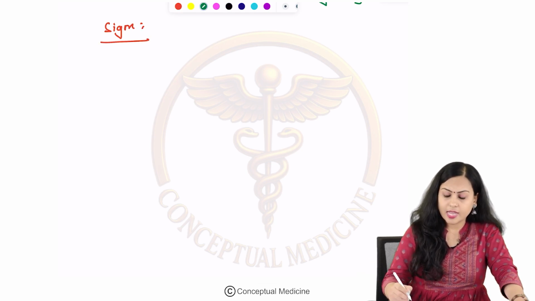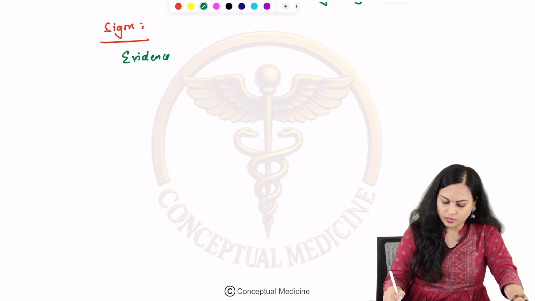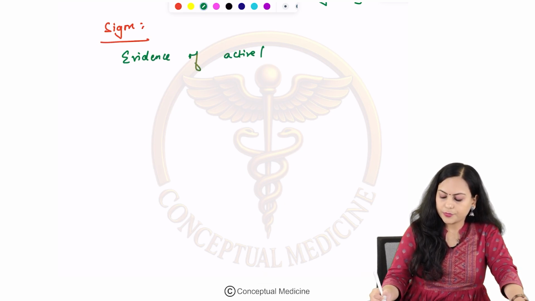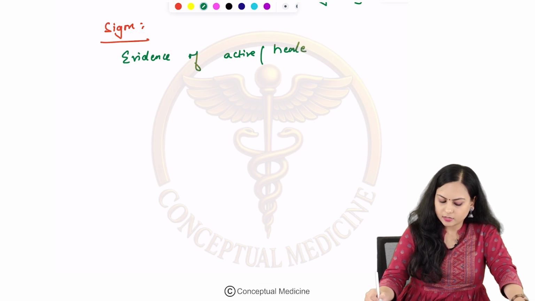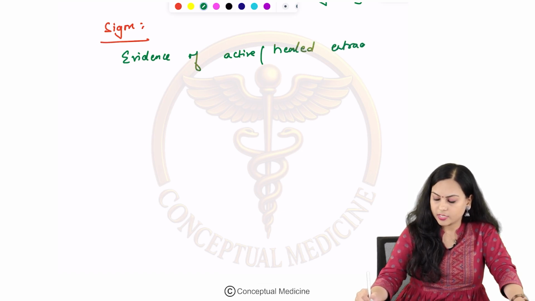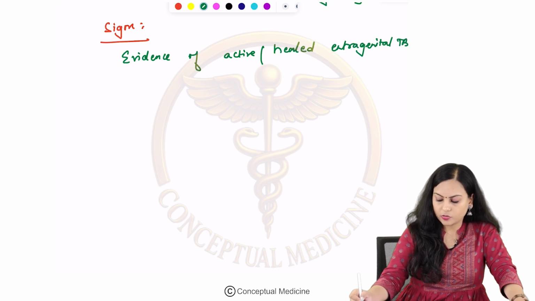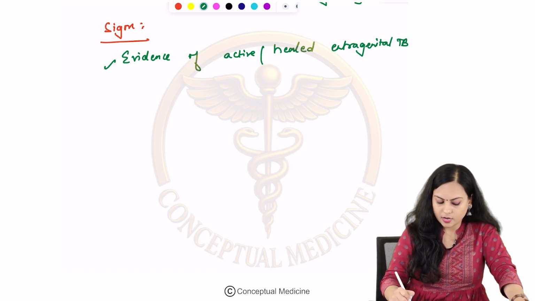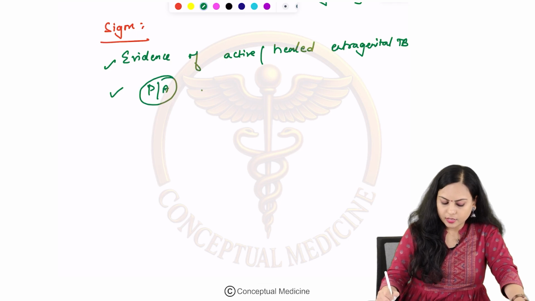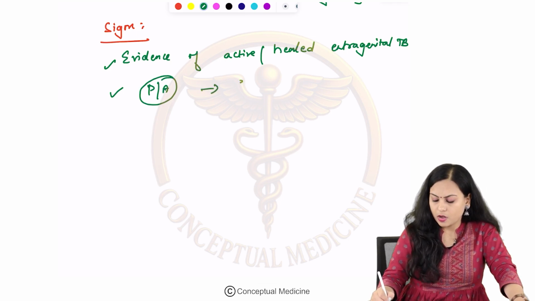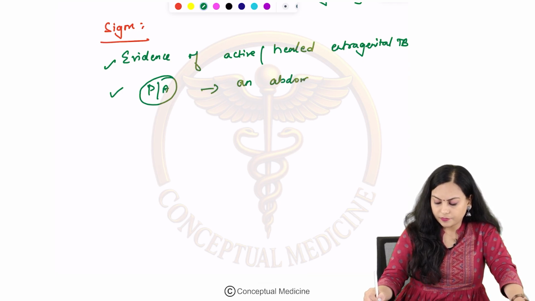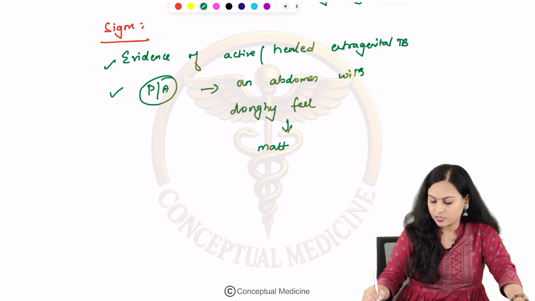Now, let us see what are the signs in genital tuberculosis. There is evidence of active or healed extragenital tuberculosis seen. Okay? Per abdomen finding can show you an abdomen with doughy feel because there is matted intestines. Okay?